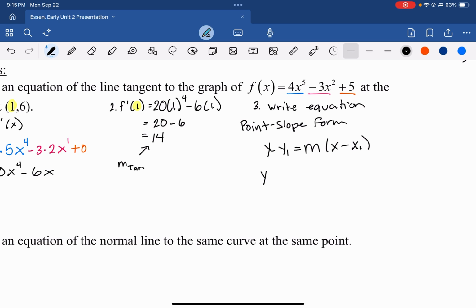So we're going to plug in these values. y minus my y1, that's the 6 here, so minus 6, is equal to my slope, 14, times x minus 1.